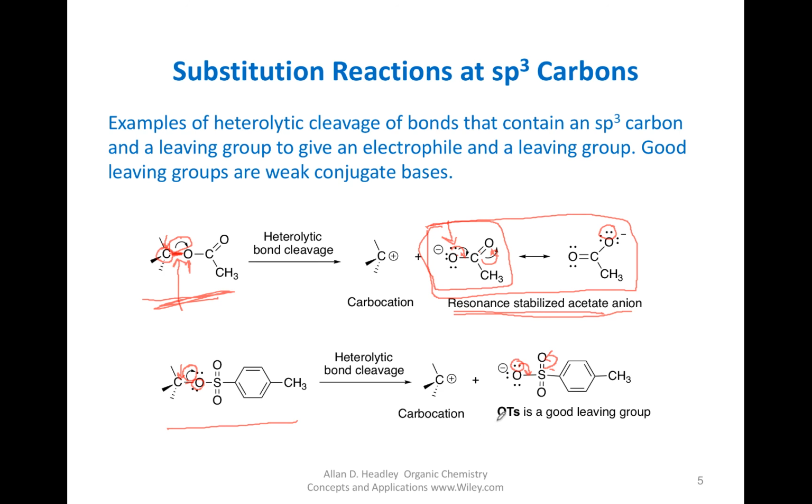This group is known as the tosylate group or the OTs group. So, conclusion. This bond here is weak because if broken in a heterolytic manner, it gives a very good leaving group which is stabilized by resonance, and of course a carbocation.